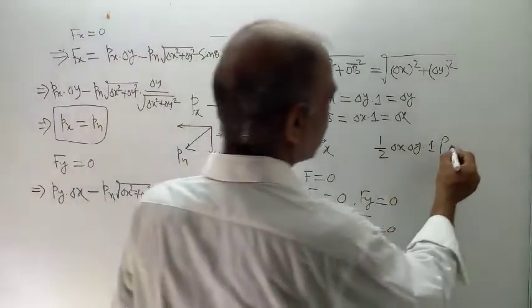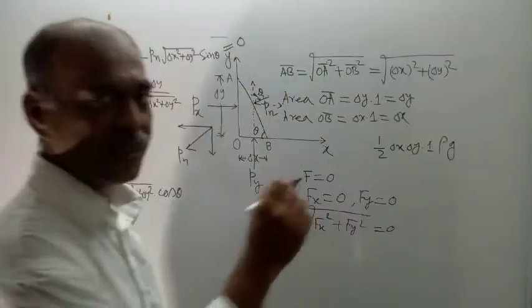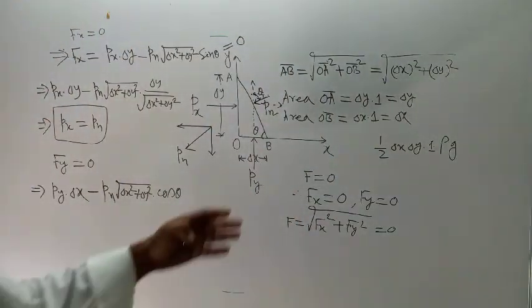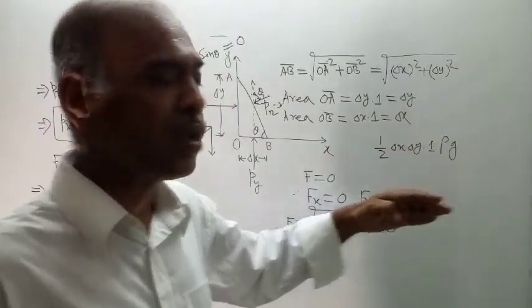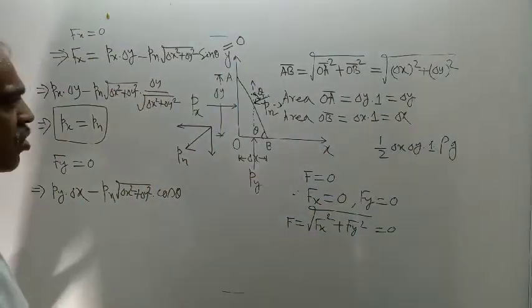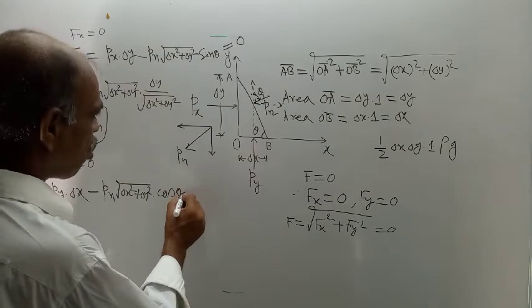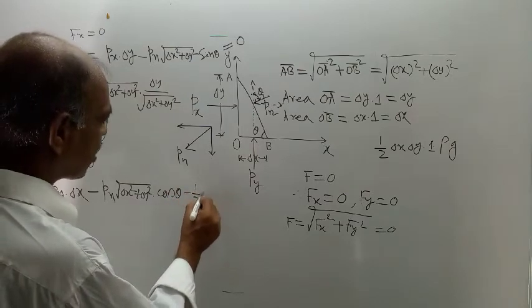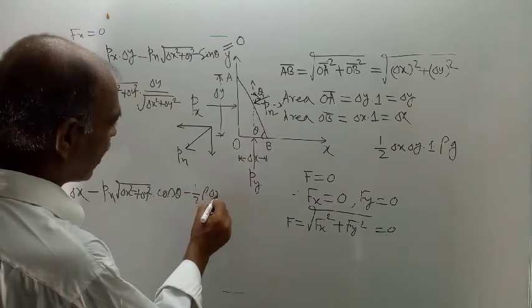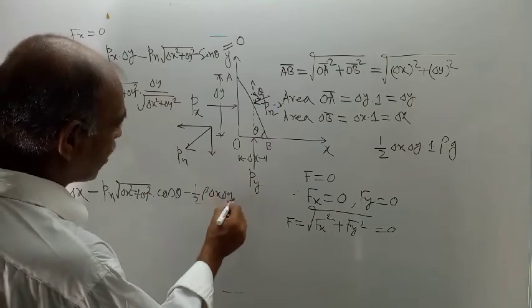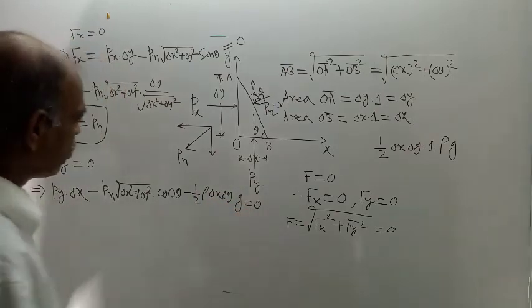Then multiplied by g, the acceleration due to gravity. Therefore this becomes the weight of the fluid element, which is acting in the vertical downward direction. So with a negative sign, I am going to write the same thing: half rho delta x delta y multiplied by g, which is equal to 0.